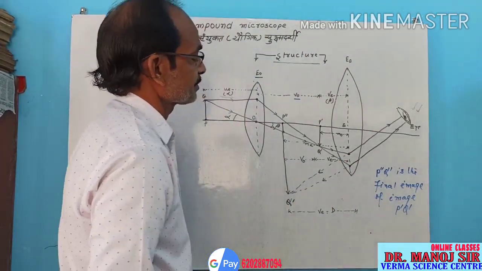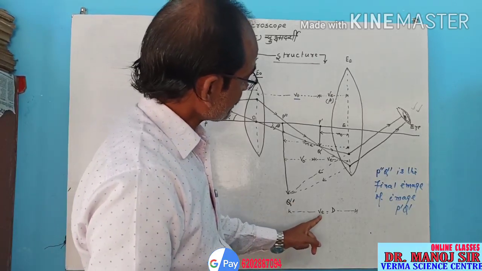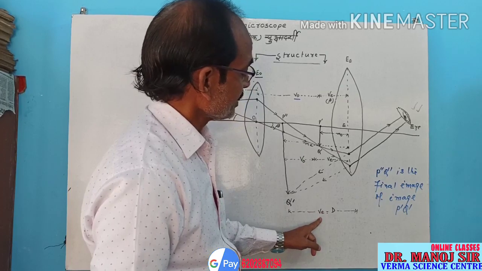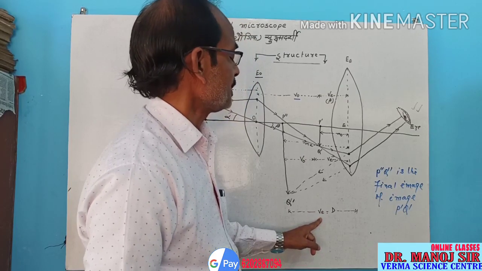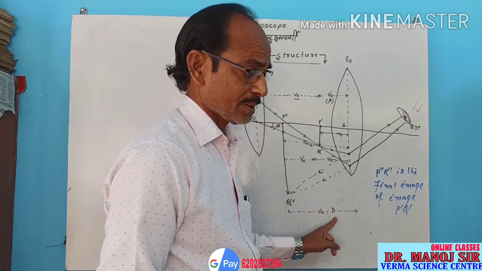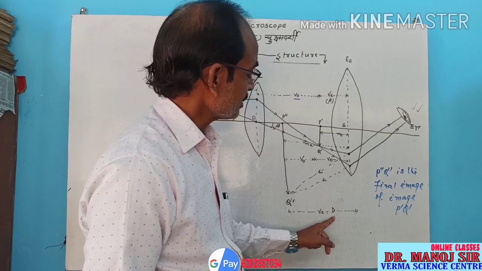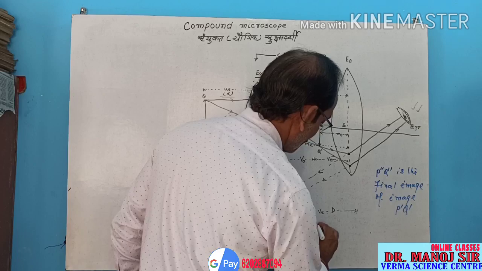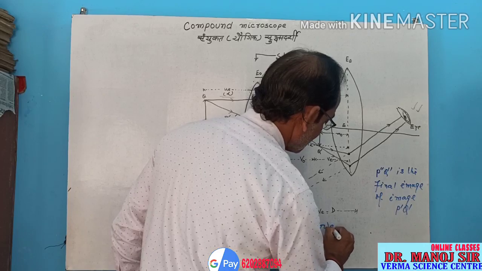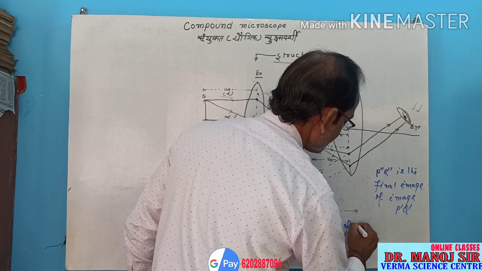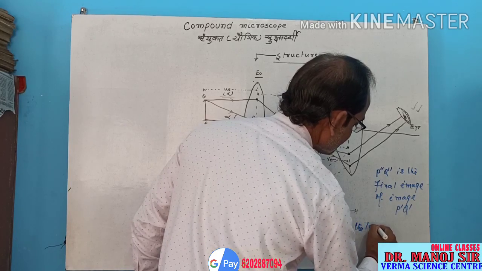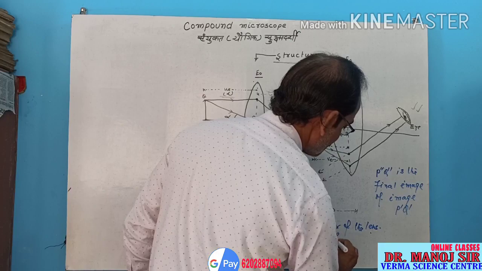The distance of eyepiece is VE, that can be measured in diopter. It qualifies the power of the lens of eyepiece.